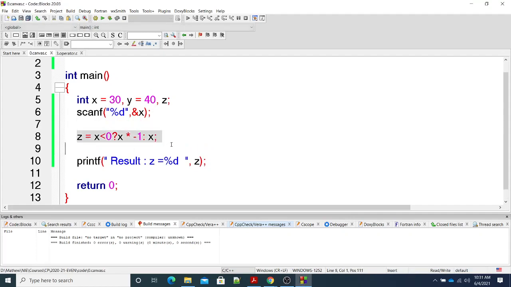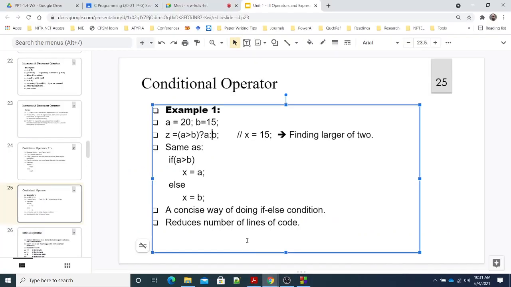So now you know how to find the absolute value. First you learned how to find the largest of two numbers using the conditional operator. Then the absolute value of a number using the conditional operator.